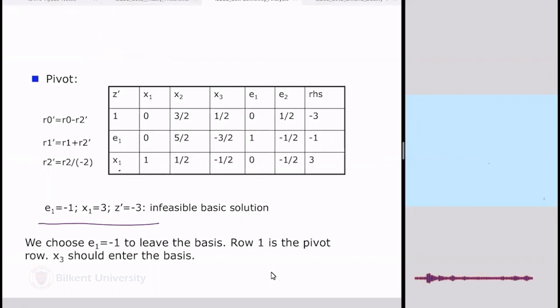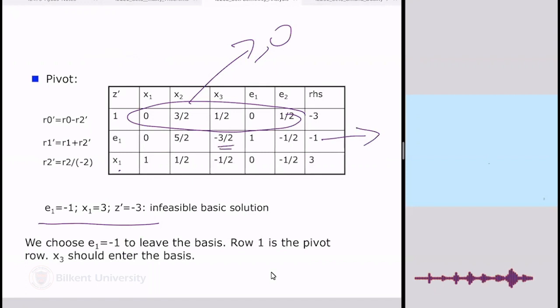I still have a negative entry in here, which is not feasible yet. But be careful, my row 0 is still non-negative because that's what I want. I have to remain dual feasible. Okay, the most negative is this one, so E1 will leave. Who's going to enter? You need to check this one and that one, the ratios of those.